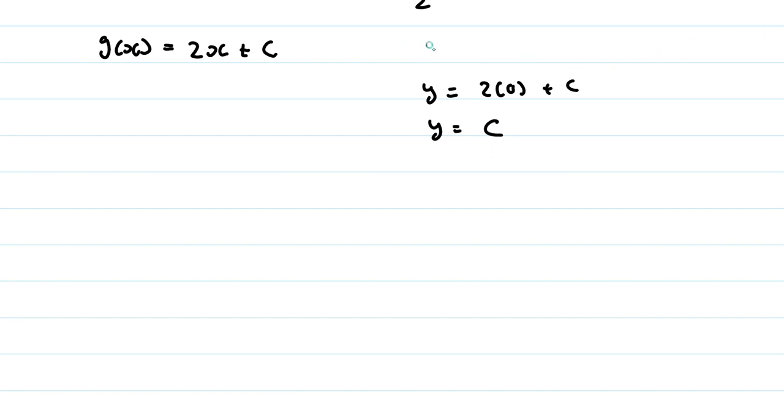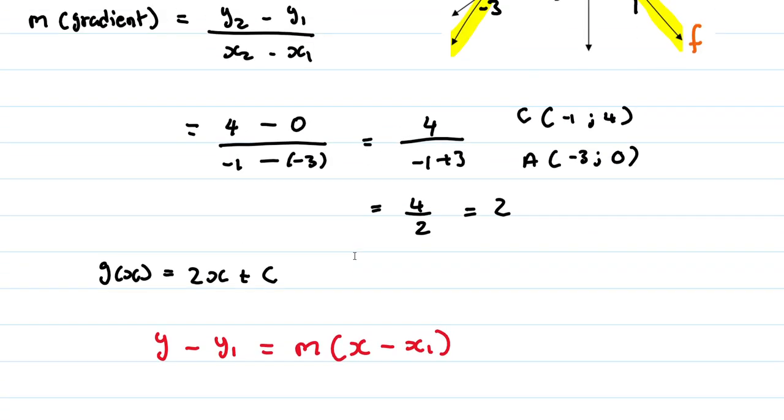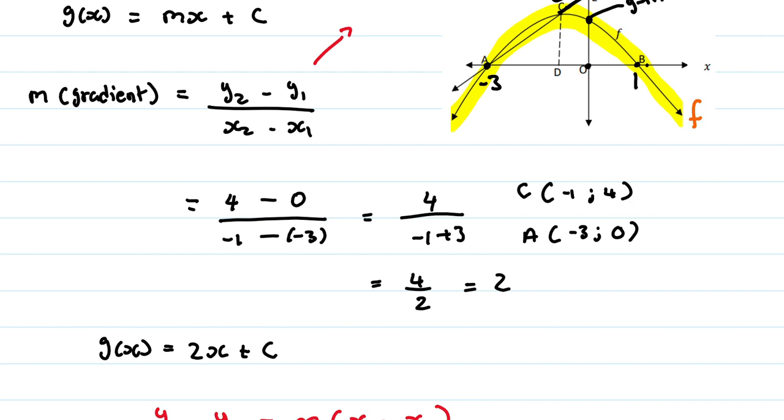But there's another method which we can use, is this method. So we have y minus y1 is equal to m, which is the gradient, x minus x1. So y is just another variable for the equation. So we have y1 is the y coordinate at A. So the y coordinate at A is 0.